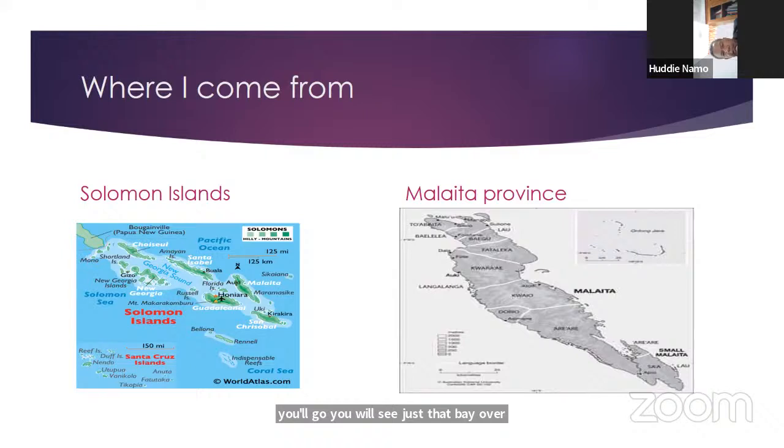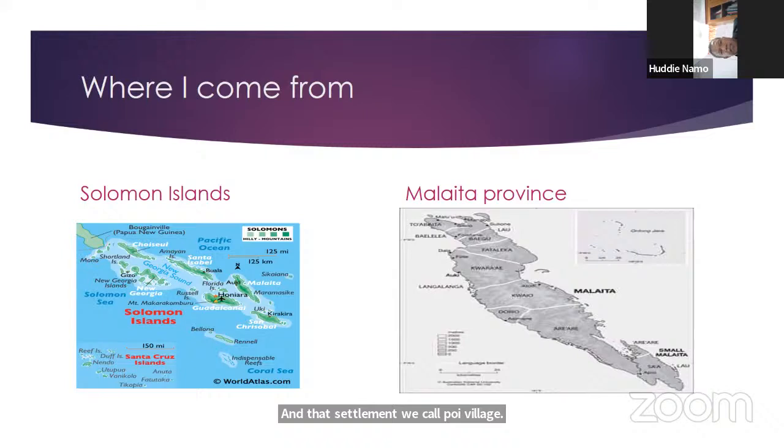That bay is where my village is, called Maromasike village. But the name is not on that map. Just recently we've moved to our own settlement, which we call Poi Village.